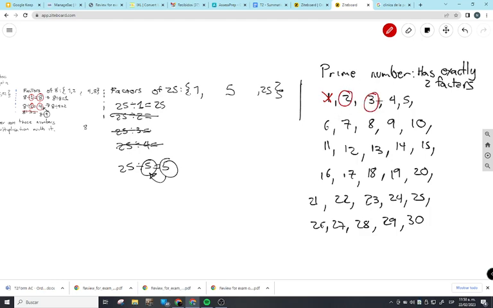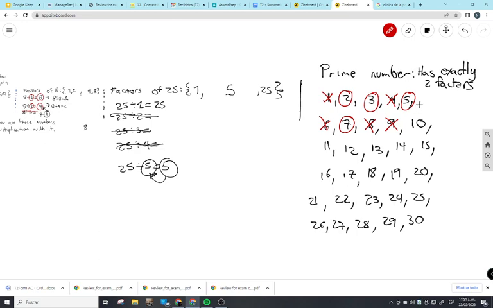The same as 3. 3 has 1 and 3 as factors, but no more. But the 4 is not a prime number. The 4 has 1, 2, and 4 as factors. So it has 3 factors, doesn't have exactly 2 factors, so it's not prime. 5 is prime because it only has 1 and 5 as factors. 6 is not prime because it has 1, 2, 3, and 6 as factors. 7 is prime, 8 not, 9 not.